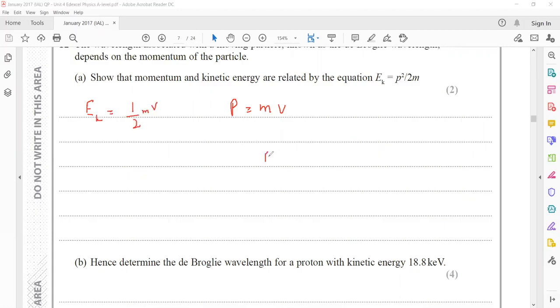If I multiply the kinetic energy formula by mass, it will be m squared v squared over 2m. And if I take the square for both, then it will be p squared over 2m. That's it. That's 2 marks.